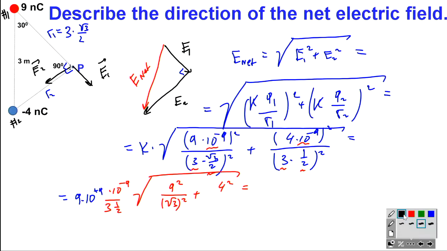So how can we make it simpler? Positive 9, negative 9 getting cancelled. 9 over 3 is 3, and divided by 1/2 is 2. Inside we have that's 9 squared over 3. 9 squared over 3.